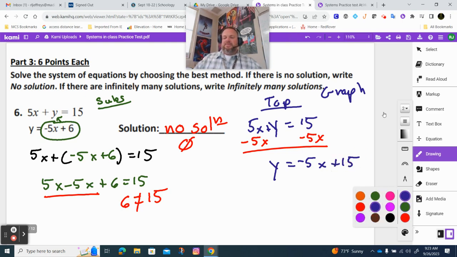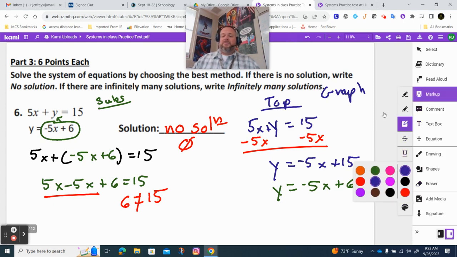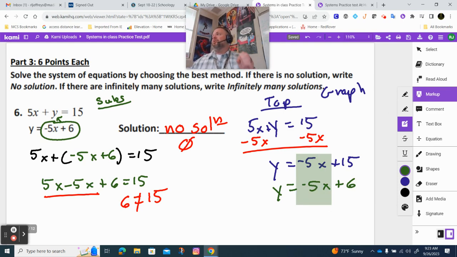Now, that's the top one. The bottom one looks like this. Remember, we talked about it when we did graphing last week, that if our slopes are the same, it's going to be no solution because they're parallel.